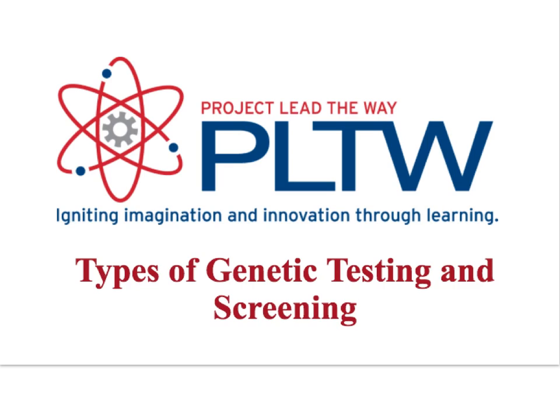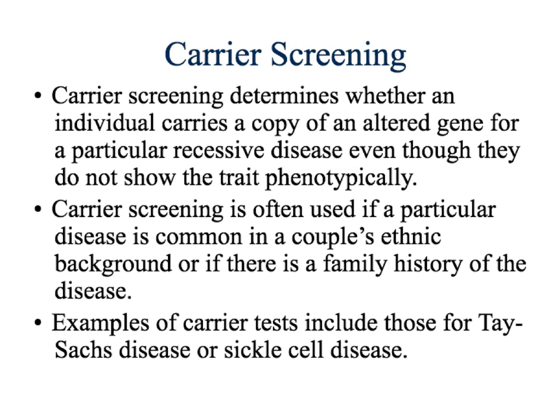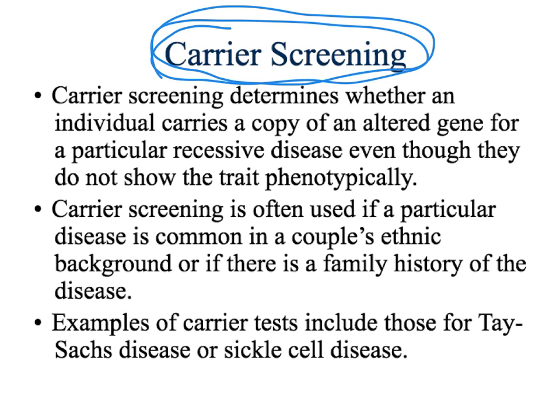Now, you can do genetic testing or screening just to see what your genes say, determining if you have a certain disease or not. So, these are the types of genetic testing and screening. The first one we have is carrier screening, and this is one that's going to come up for a lot of you in your scenarios that you're going to get soon. Okay, your carrier screening figures out what your genes say.